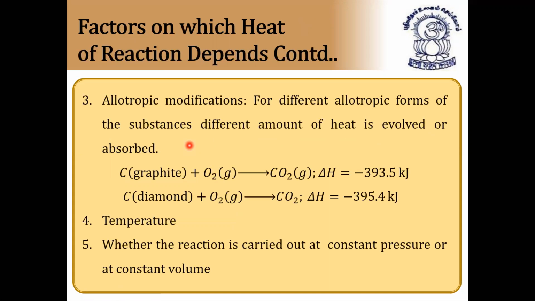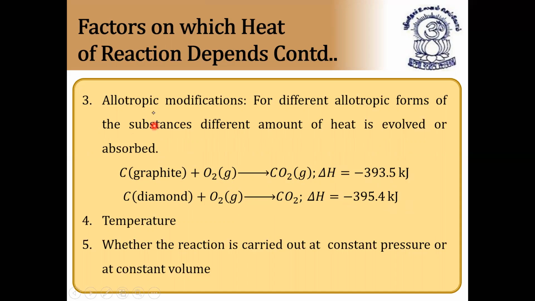Third one, allotropic modifications. For different allotropic forms of substances, different amounts of heat are evolved or absorbed. For example, carbon in the form of graphite forms carbon dioxide with delta H of minus 393.5 kilojoules per mole, whereas in the case of diamond it is slightly more, minus 395.4 kilojoules per mole.